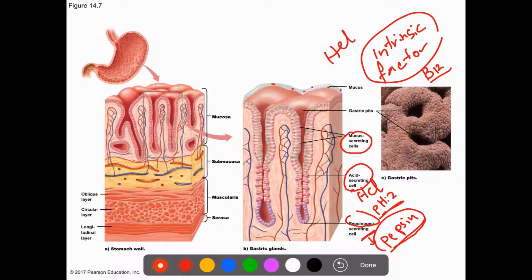So the acid secreting cells produce HCl and also produce the intrinsic factor. These are different types of cells within something called the gastric pit. This is the gastric pit, the opening leading to something called the gastric gland. All of this is in the inner layer, which is the mucosa.